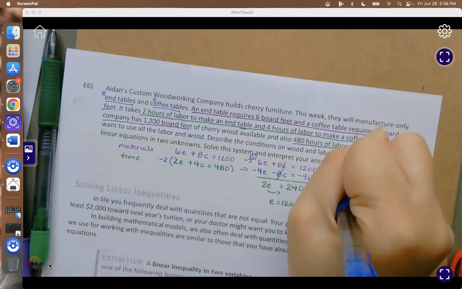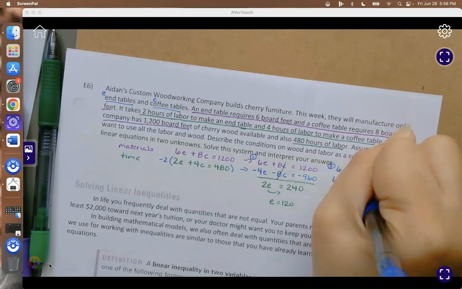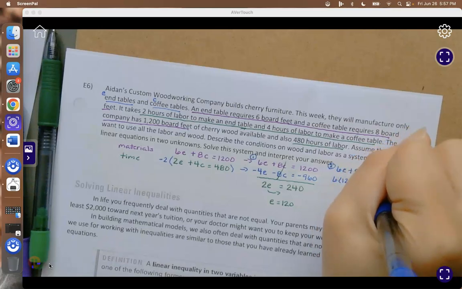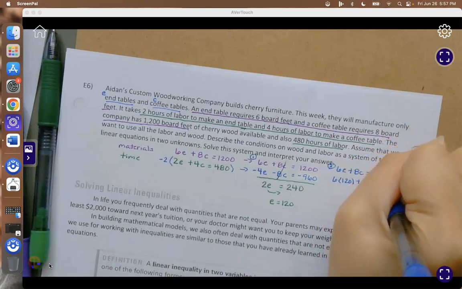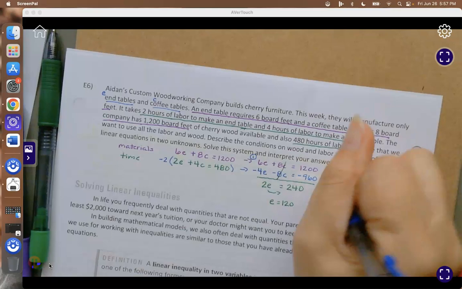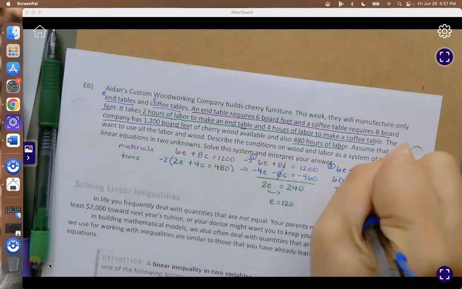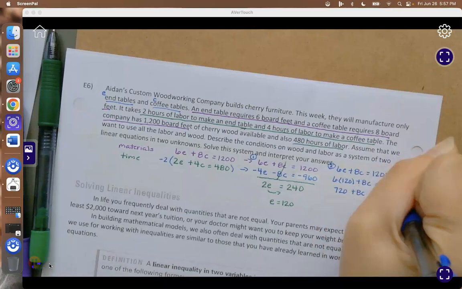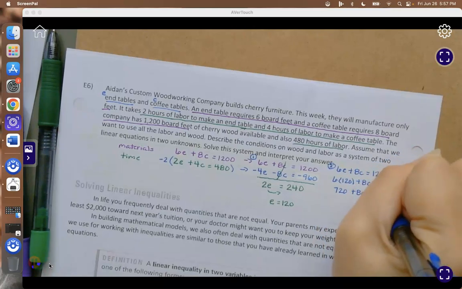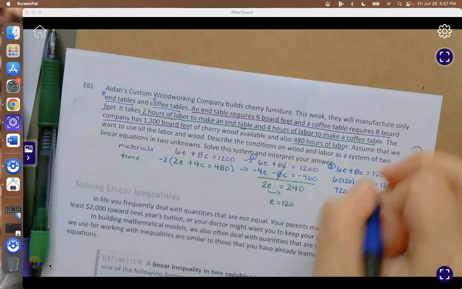So 6 times 120 plus 8c is 1200. 120 times 6 is 720. 1200 minus 720 is 480.